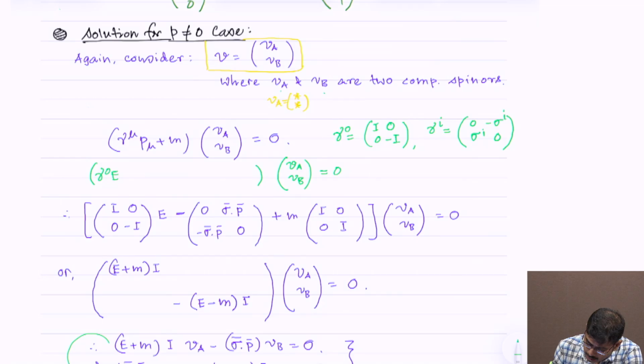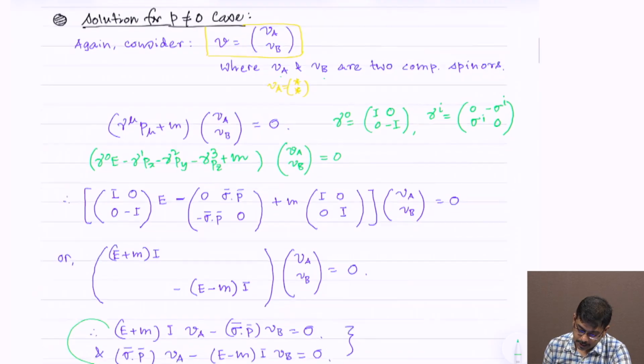This is gamma 0 E minus gamma 1 p x minus gamma 2 p y minus gamma 3 p z plus m, into (vA vB), equal to 0.